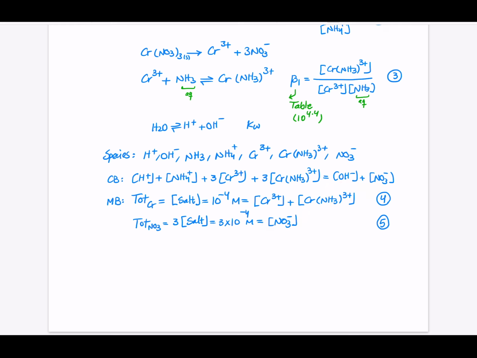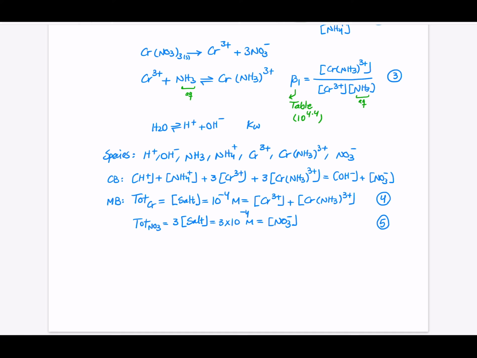This is pH dependent. Obviously, these 4 are pH dependent. We just need to figure out how to calculate that. So here it seems relatively straightforward. We take mass balance as always, and then we try to convert every concentration into chromium 3 plus and something that is either pH dependent or something that we know.